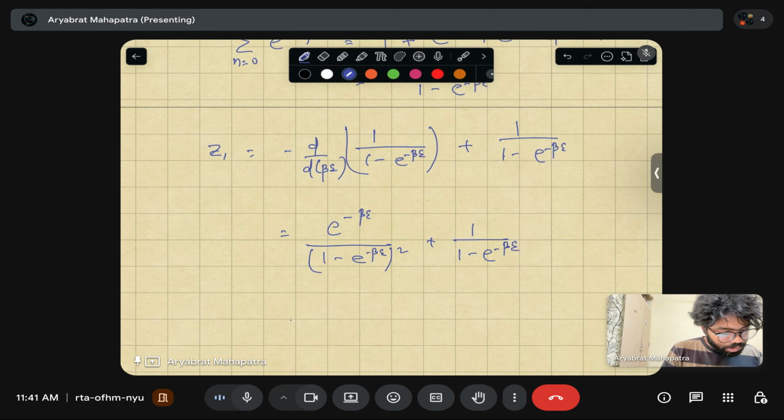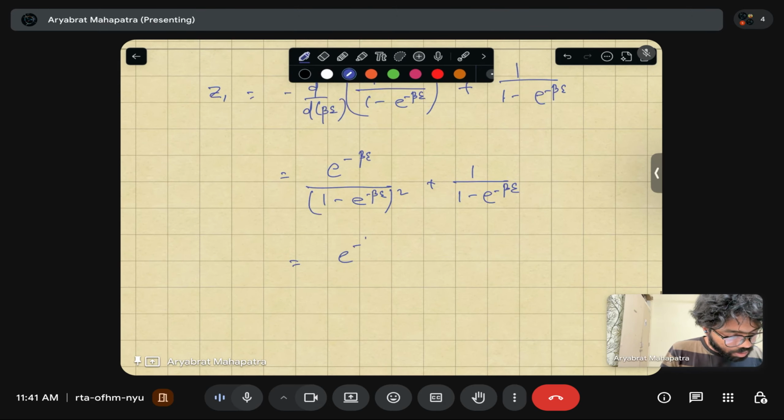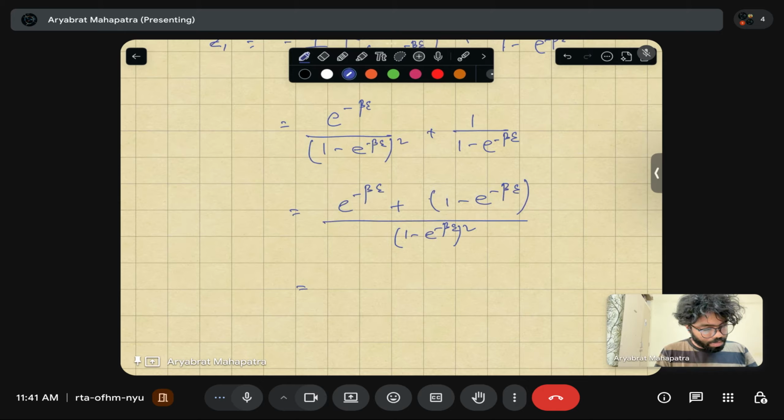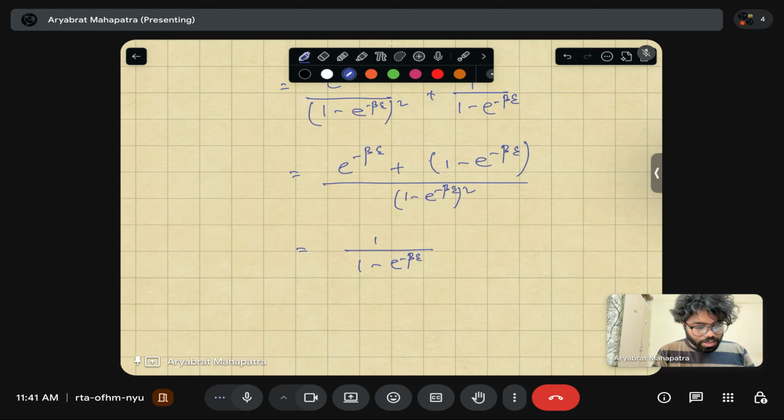If you solve this, it should turn out to be something plus 1 minus beta epsilon, 1 minus beta epsilon squared. So this is 1 over 1 minus exponential minus beta epsilon. Yeah, this is your Z1.